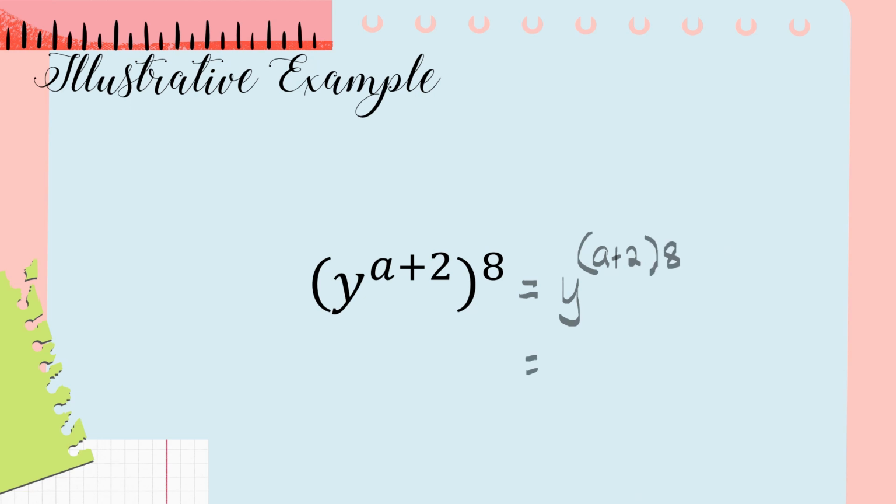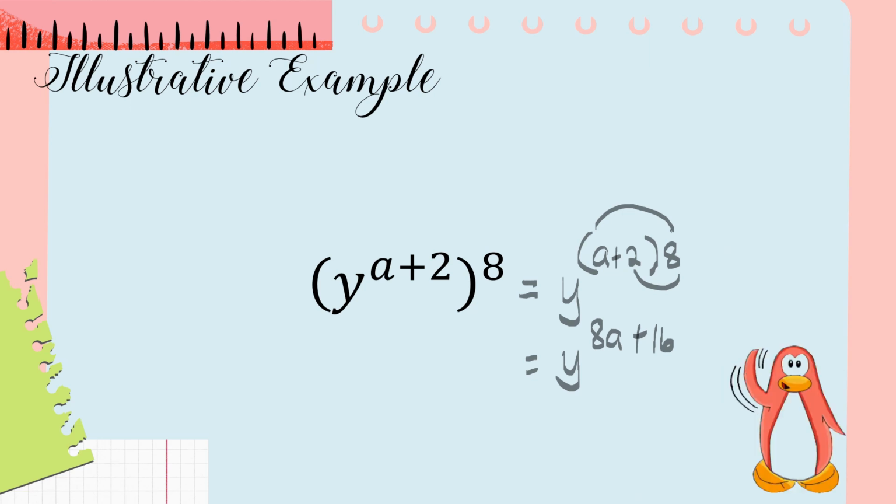So by the distributive property of multiplication over addition, a times 8 is 8a, plus 2 times 8 is 16. So y raised to a plus 2 raised to 8 is equal to y raised to 8a plus 16.